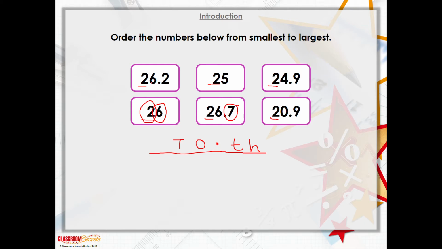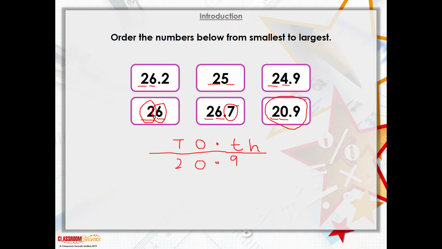We have 6 in this example, 5, 4, 6 again, 6 again, and 0. So my smallest number I can identify straight away. It may have the same amount of tens as everybody else, but it's only got 0 ones. So my smallest number is 20.9.